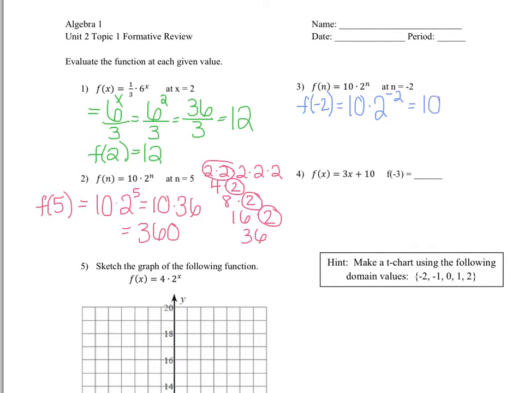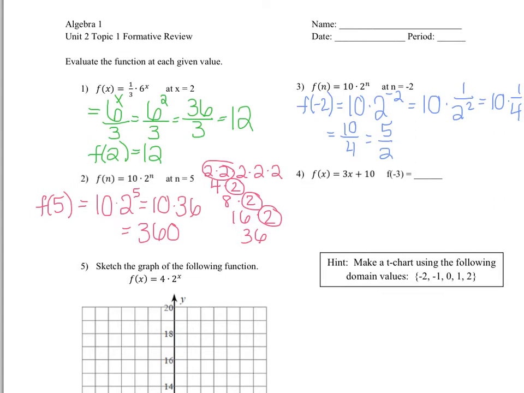So this is going to be like 10 times 1 over 2 squared, which is 10 times 1/4, because 2 squared is 4. So this gives us 10/4, which can be simplified by dividing both the numerator and denominator by 2 into 5/2. So f of negative 2 equals 5/2.